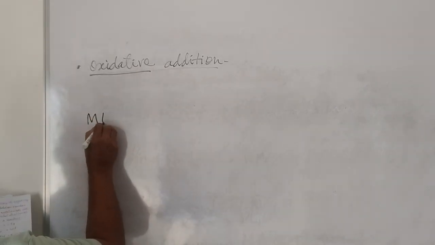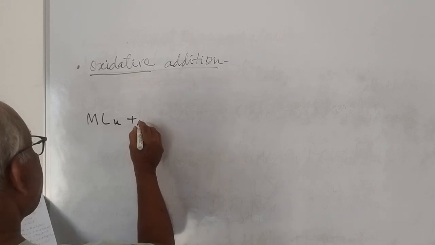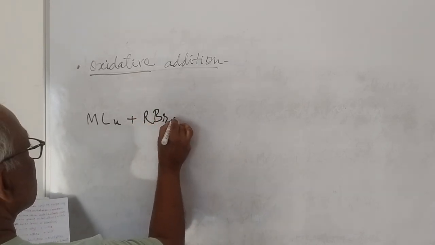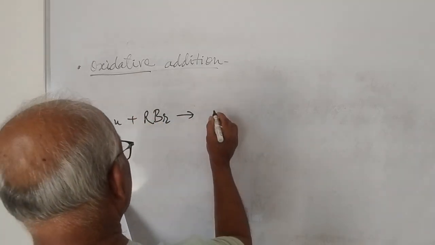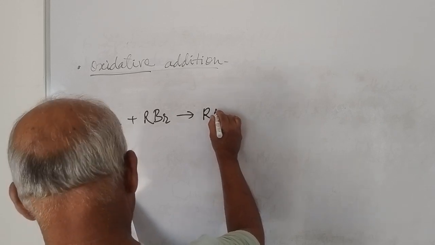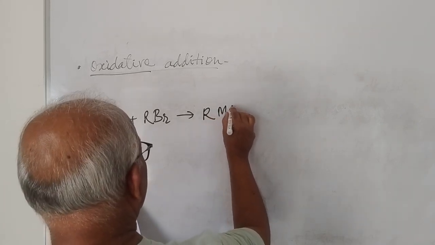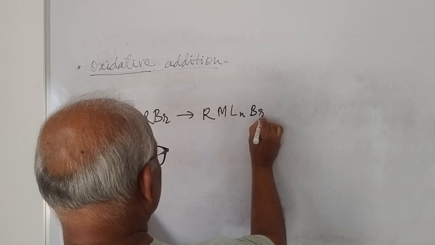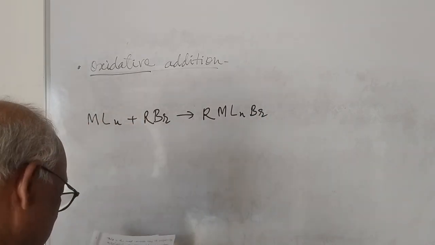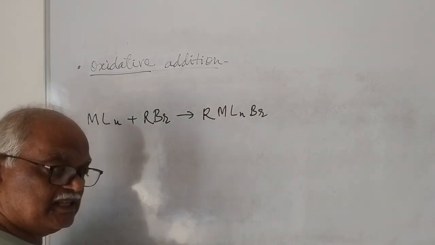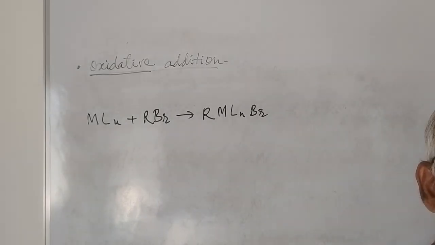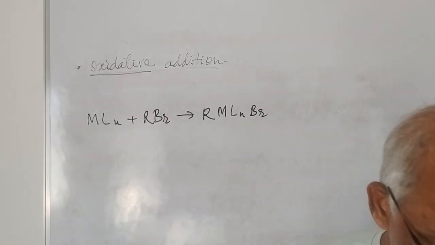For example, MLn plus RBr, so it gives R-MLn-Br. So these reaction centers are suitable only for electron rich metal and not suitable for metals in already higher oxidation state.